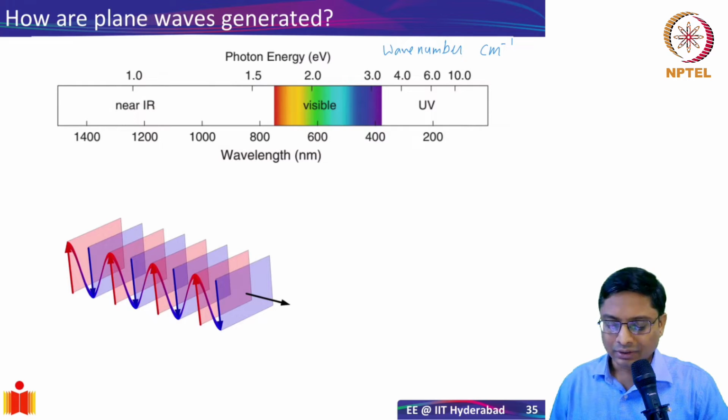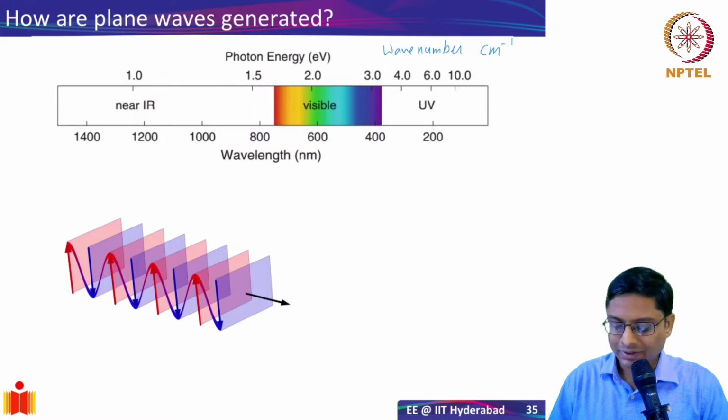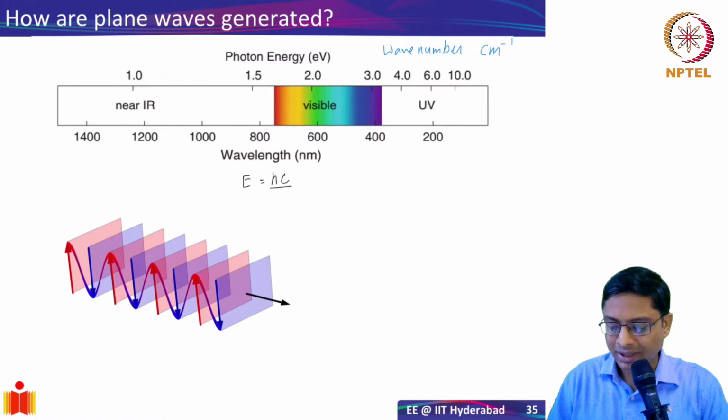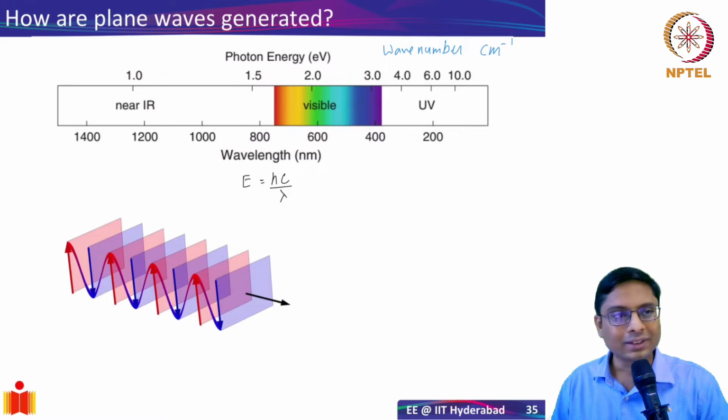Okay. So we know the electromagnetic energy E is basically h nu, where nu is the frequency, and that is c by lambda. So we can write energy is hc by lambda. So what is the energy associated with a wavelength of, let's say, 632 nanometers?